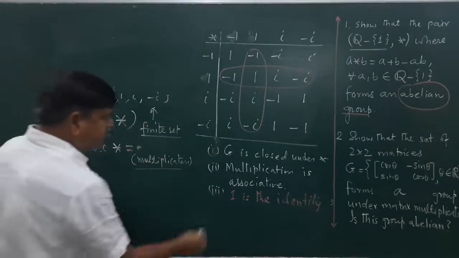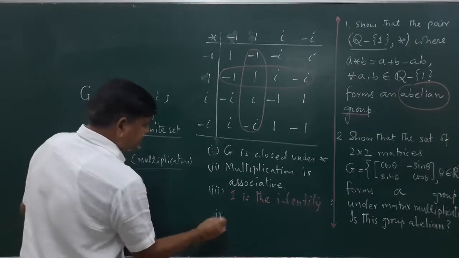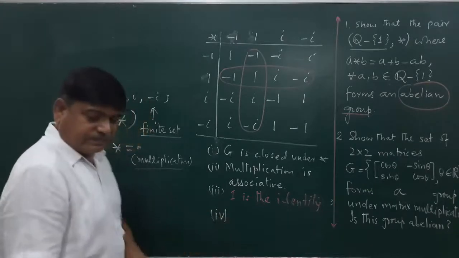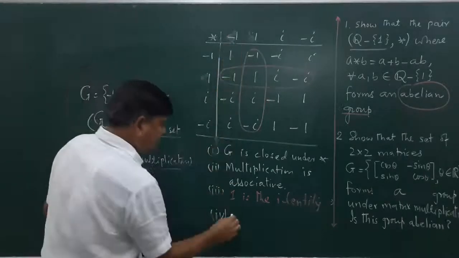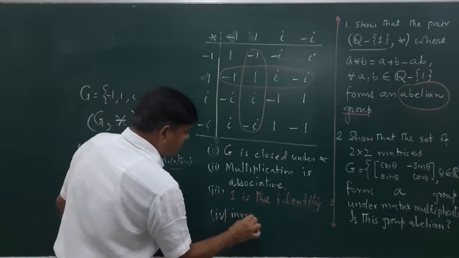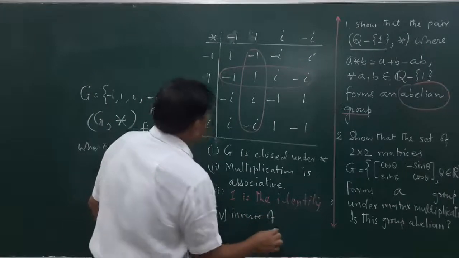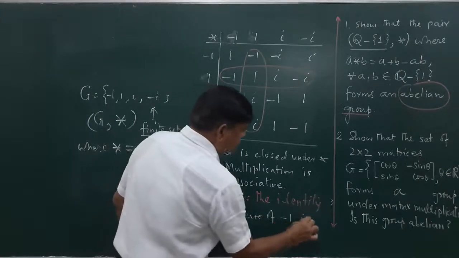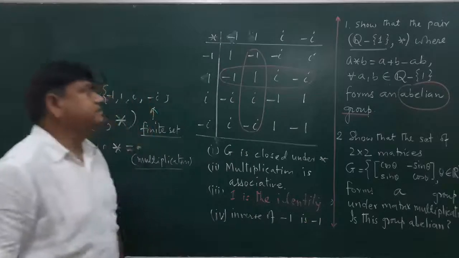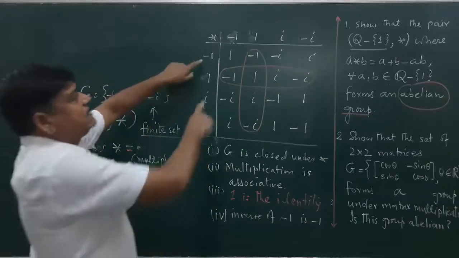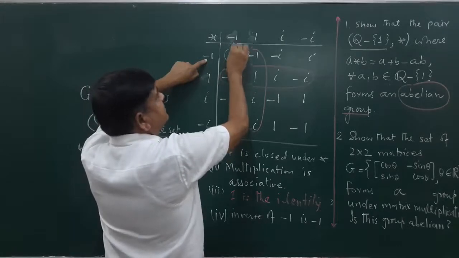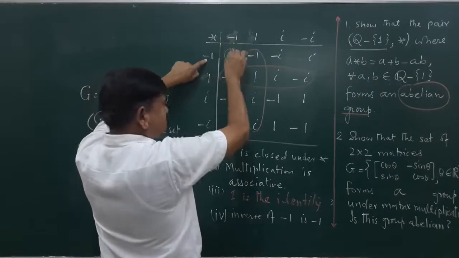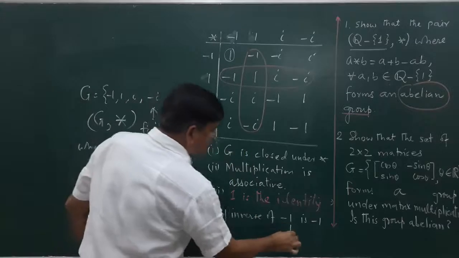Now we find the inverse. Inverse of -1 is -1. आइडेंटिटी कहाँ दिख रही है मुझे? ये आइडेंटिटी किसके अगेंस्ट? -1. So this into this. Then inverse of 1 is 1.